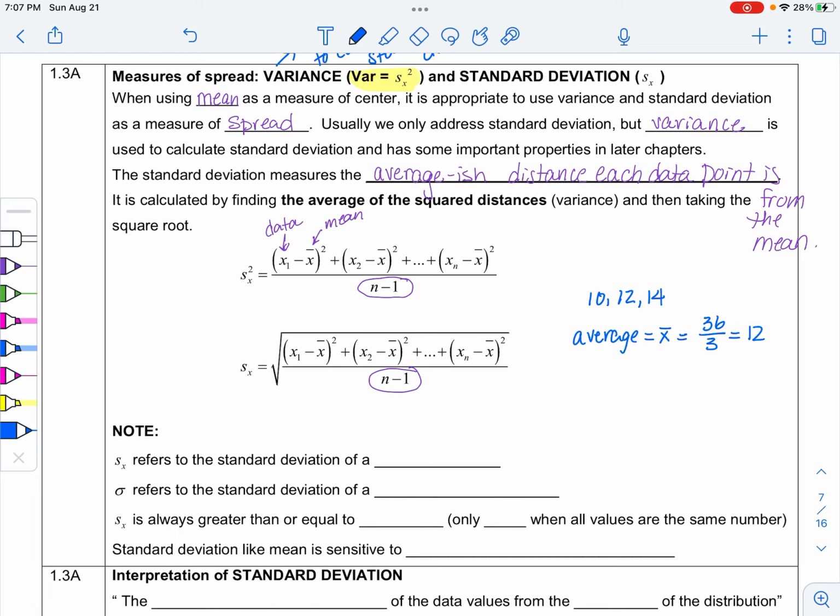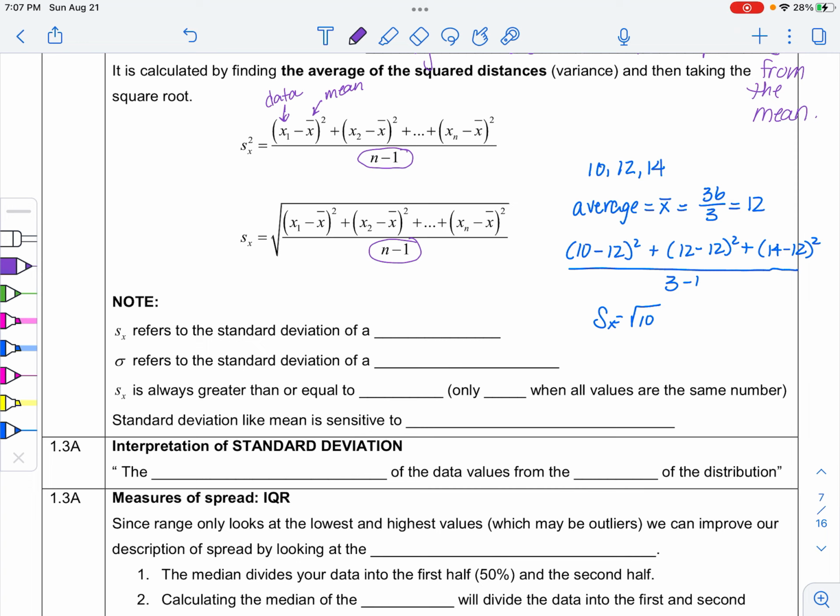So what you would see in your work is I would have my data point minus the mean squared, plus the next data point minus the mean squared, and finally, my last data point minus my mean squared, all divided by 3 minus 1. What this would come out as, and I don't have the decimal for it, and you would want the decimal in this case, is the square root of 10 would be your standard deviation.